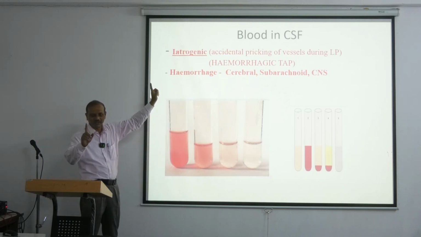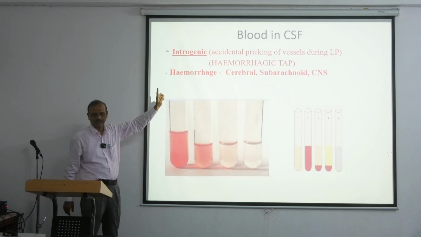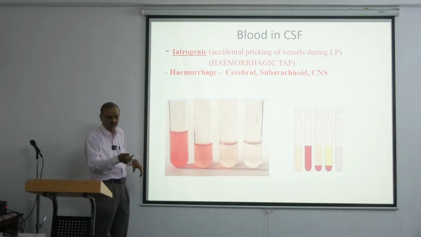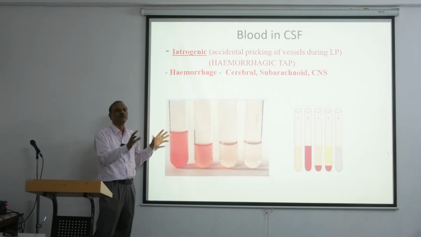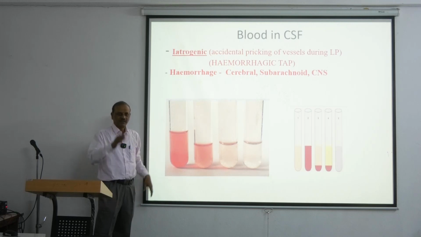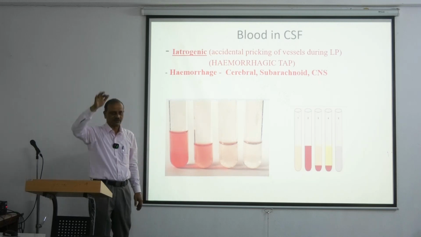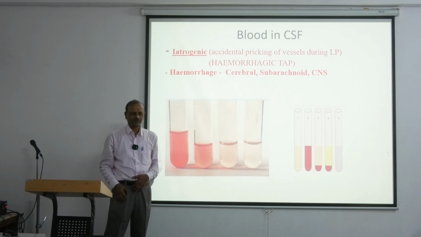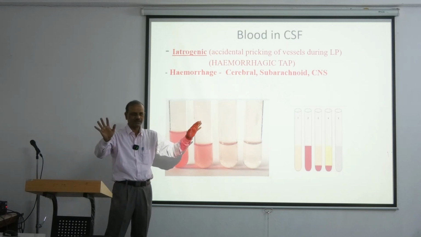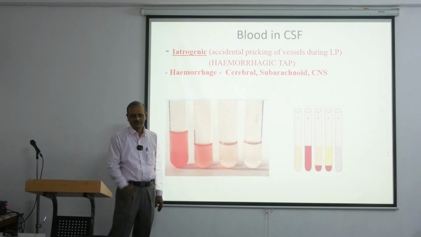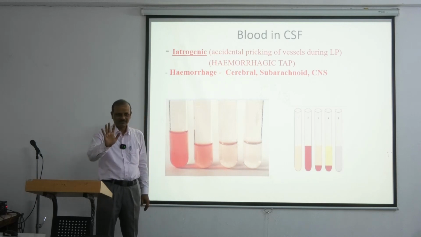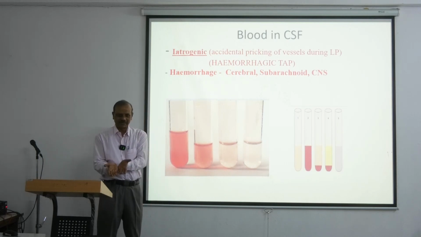Now whether you have done this while you are putting the needle, or if there is a hemorrhage, how do you differentiate? One possibility: there might be a hemorrhage already inside the brain. Second possibility: there is no hemorrhage inside the brain, but you have made an accidental prick. At the end, you are getting a bloody tap.